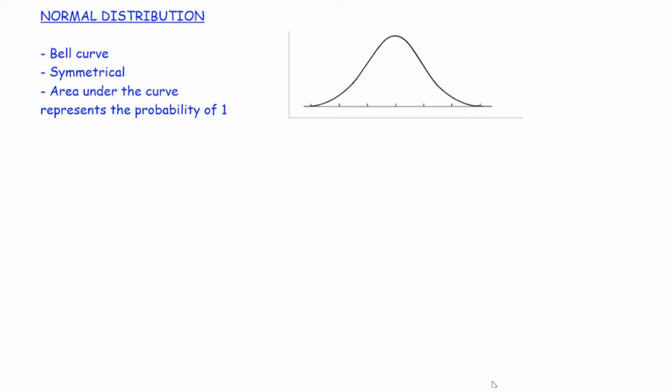If we were to measure the heights of 14-year-olds, they would adopt a normal distribution, with the majority of those 14-year-olds having a height close to the mean, with very few of those 14-year-olds being extremely tall, and with very few of those 14-year-olds being extremely short. And this is just true for lots of different things.